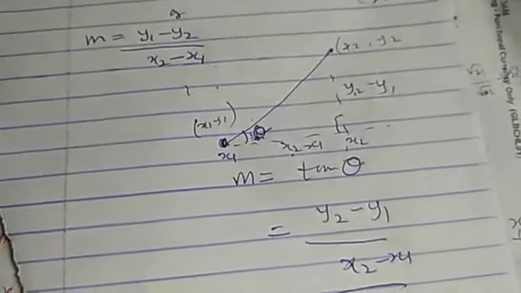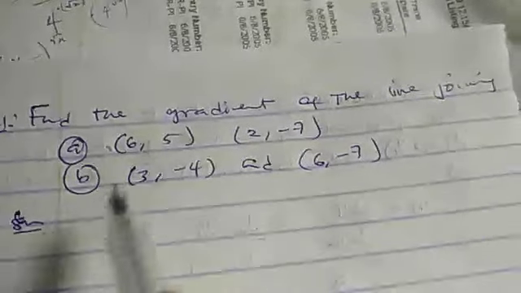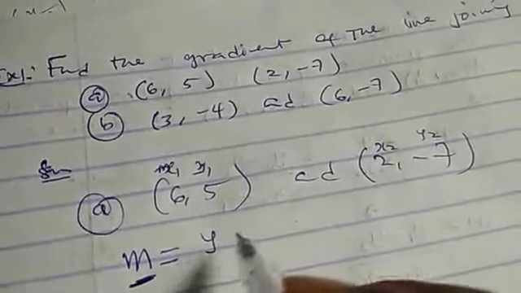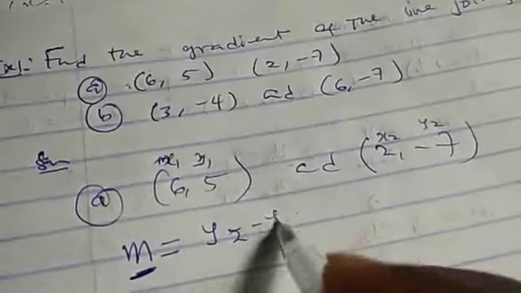Now let's take this example. Find the gradient of the line joining 6, 5 and 2, minus 7. Here is x1, y1, x2, y2. Gradient is always represented by m, and the formula is y2 minus y1 over x2 minus x1.